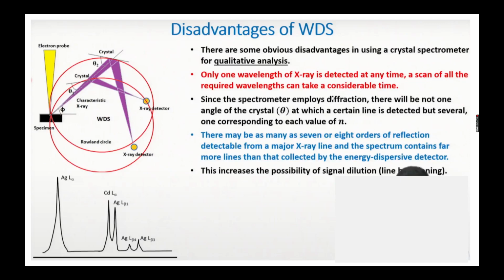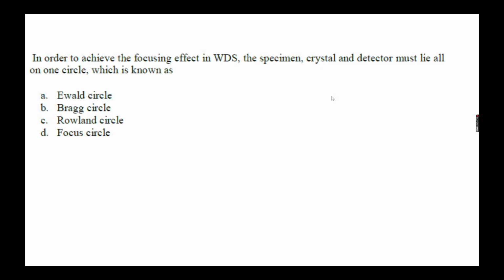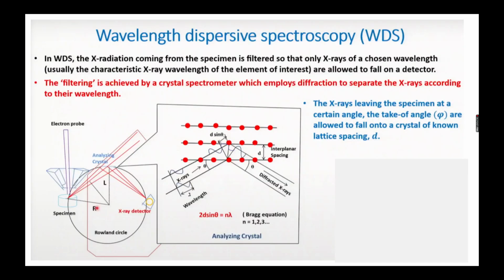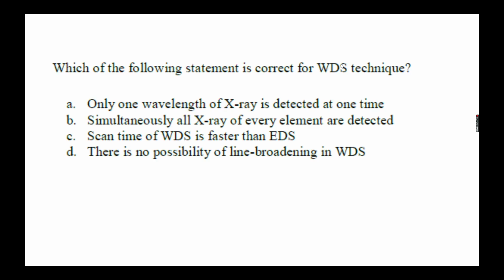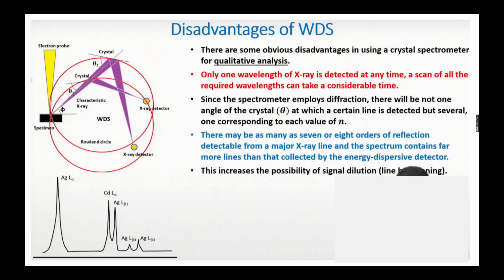Somewhere earlier I showed you that the filtering is achieved by the spectrometer, which employs diffraction to separate X-rays. Actually only the chosen wavelength of X-rays will fall onto the detector, not all. So only one wavelength of X-ray is detected. A scan for all the required wavelengths will take considerable time, because this crystal spectrometer is separating them.